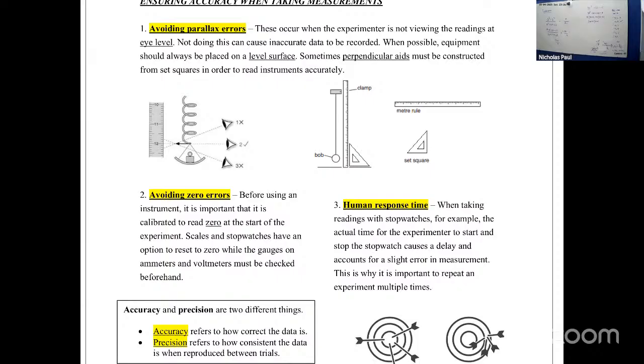All right, so let's go back to zero errors. So, ready? Before using an instrument, it is important that it is calibrated to reach zero. At the start of the experiment, scales and stopwatches have an option to reset to zero, while gauges and ammeters must be checked beforehand.